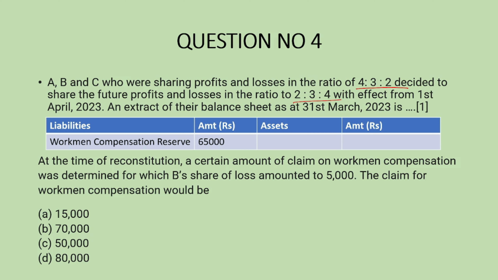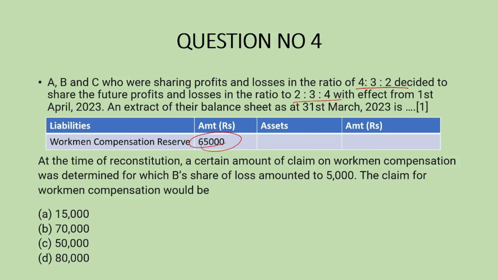The extract of their balance sheet as on 31st of March shows the workmen compensation reserve as 65,000. This is the amount. Now, at the time of reconstitution, a certain amount of claim on workmen's compensation was determined, for which B's share of loss amounted to 5,000.